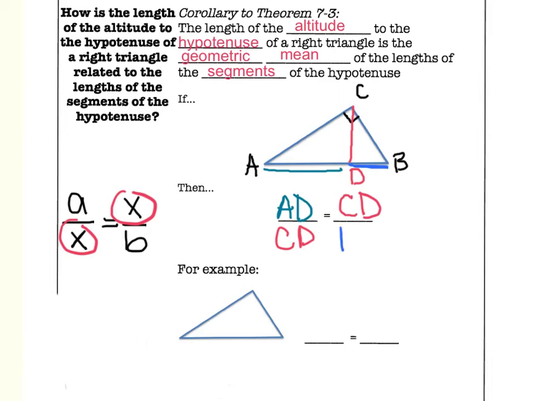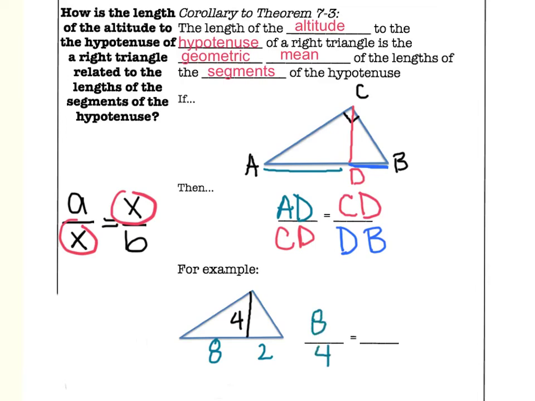So for example, let's say the altitude of this triangle here is 4, and that its segments are 8 and 2, then we know that we could write the proportion 8 over 4 is equal to 4 over 2.